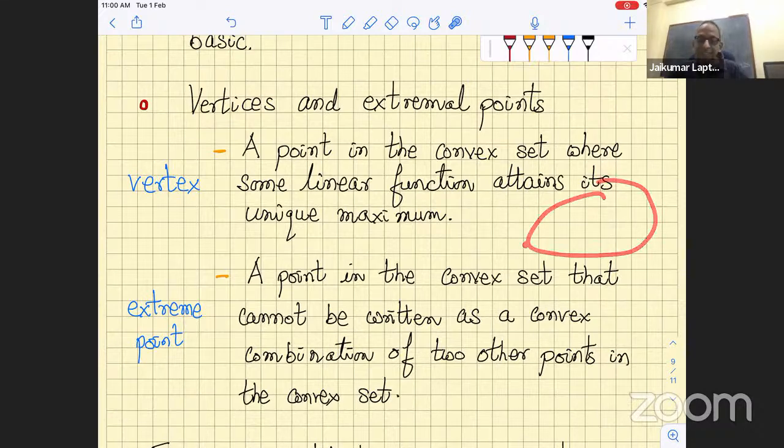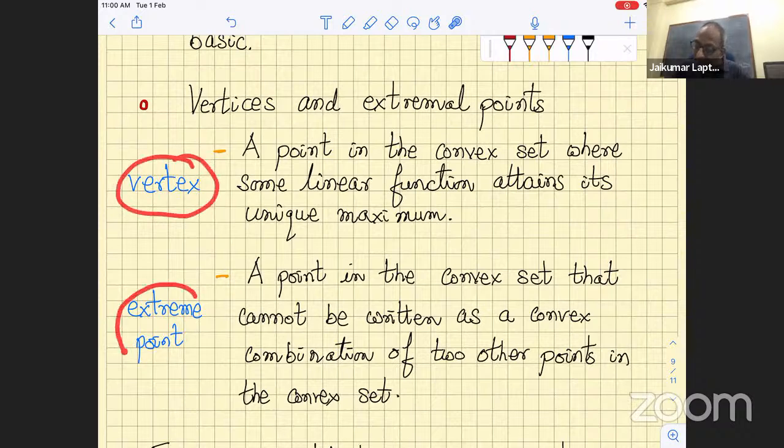A vertex is a point where some linear objective function achieves its unique maximum. Okay. So that is what is called a vertex. And there is something called an extreme point. A point is called extreme if it cannot be written as a convex combination of two other points.